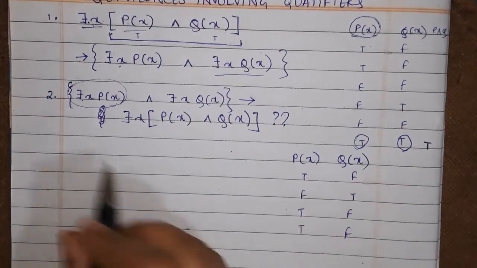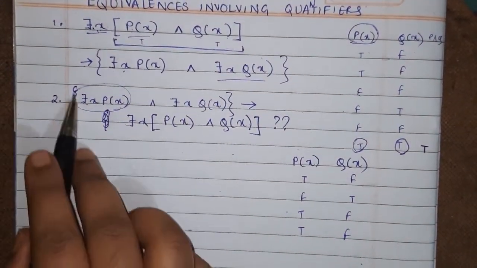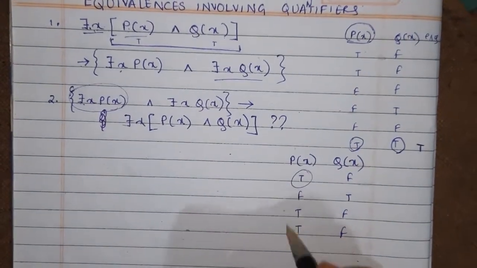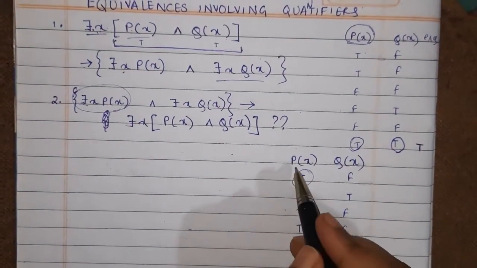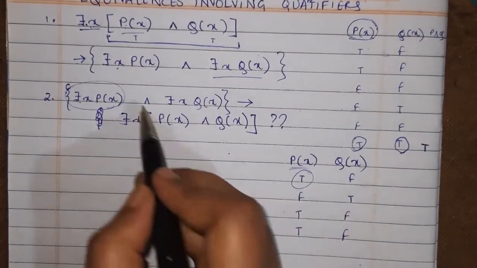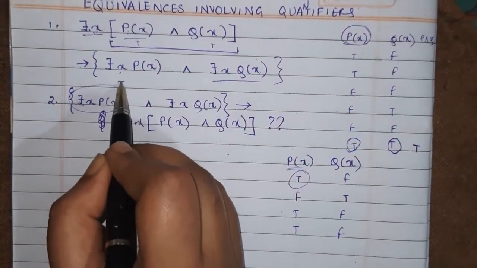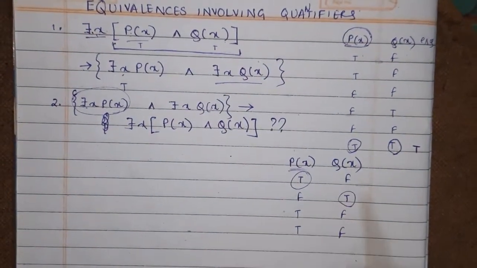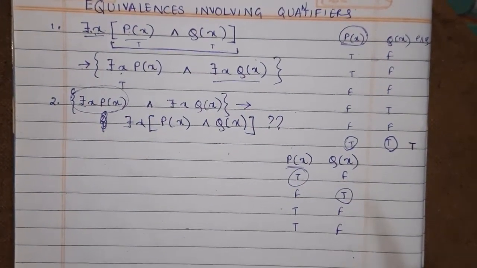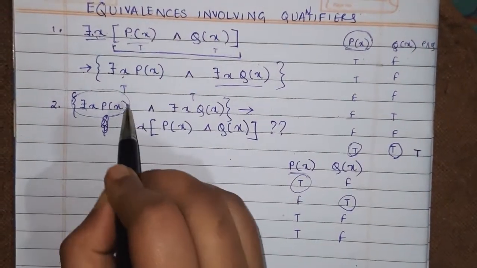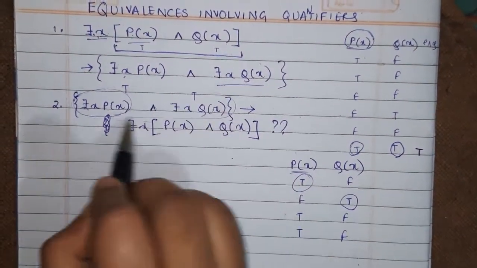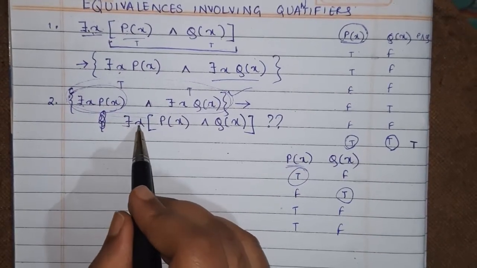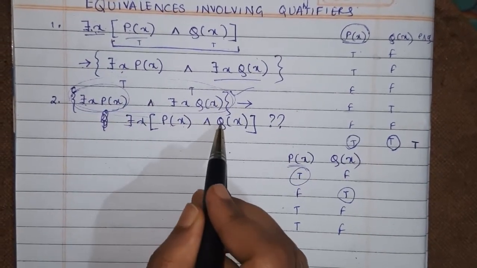This is the condition. Is the left hand side satisfied? There exists x p of x, yes, for at least one, in fact three here, p of x is true. And there exists x q of x, yes, at least one is true, so this one is also true. True and true is true. Now this side is true. Coming to the RHS, there exists x p of x and q of x.